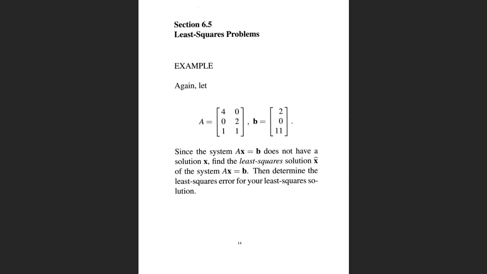So when we try to solve a system, what we're trying to find is values x1 and x2 such that x1 times 401 plus x2 times 021 equals 2011.